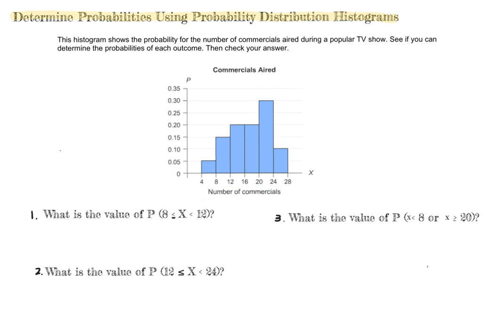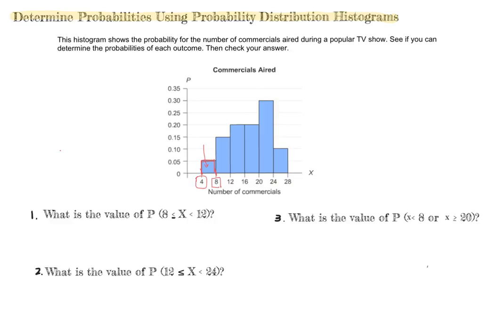So for example, if I take a look here, this first bar represents the numbers between 4 and 8. Now, something to make note of for histograms, bars include the number on the left, or the smallest number, but they do not include the second number, or the biggest number.